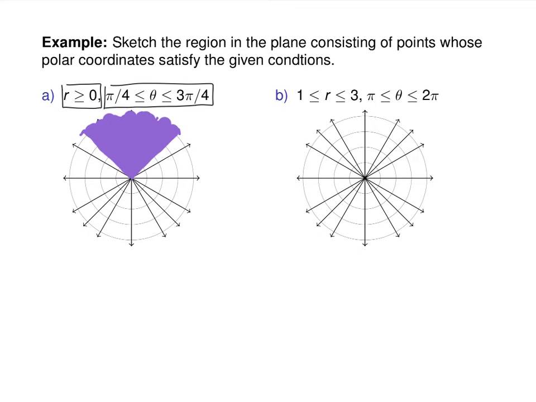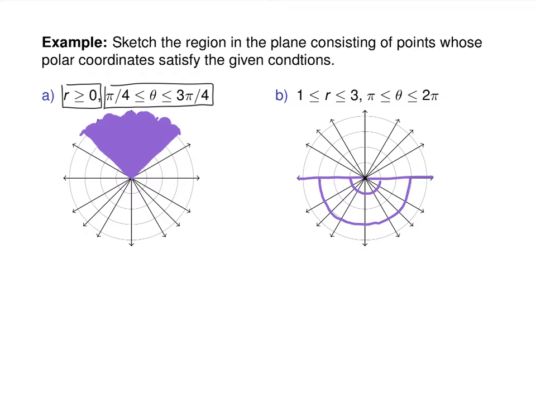All right, next we have radii between 1 and 3, and an angle between pi and 2 pi. Okay, so here is the angle pi, here is the angle 2 pi. We want everything between those angles, including them, that are a distance of between 1 and 3 from the origin. So there's the boundary of all the points that are a distance of 1 away. There's the boundary of all the points that are a distance of 3 away.